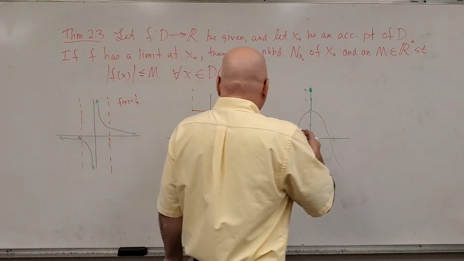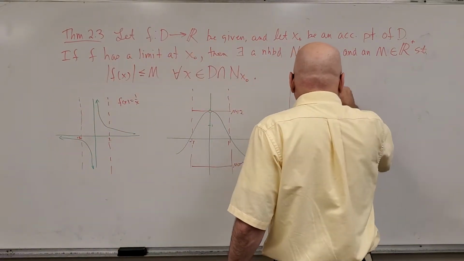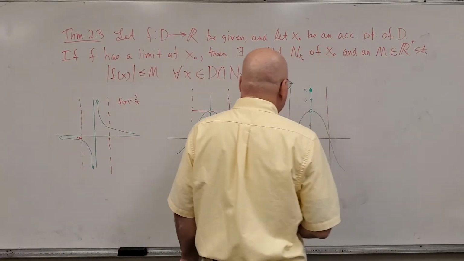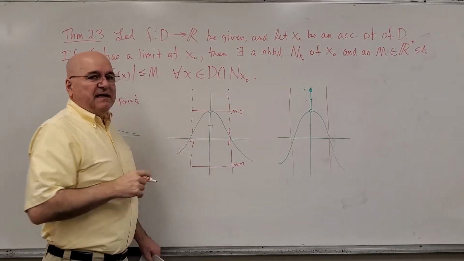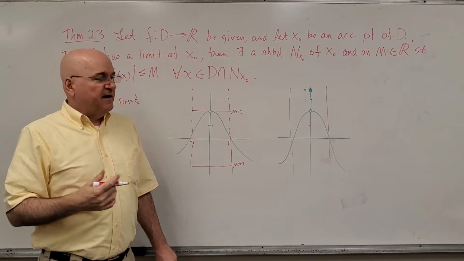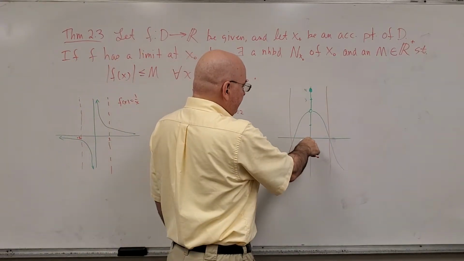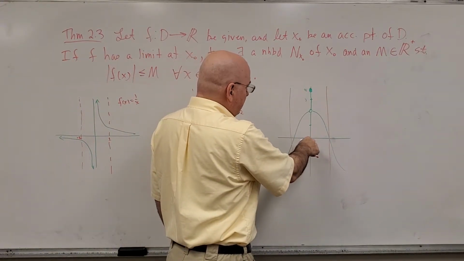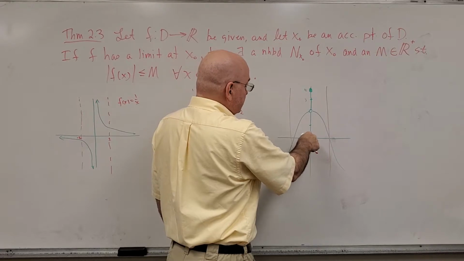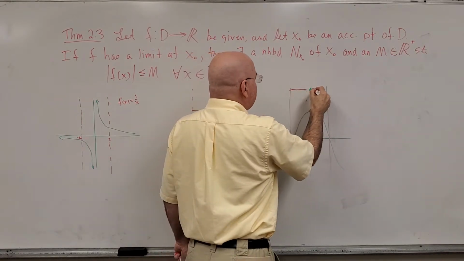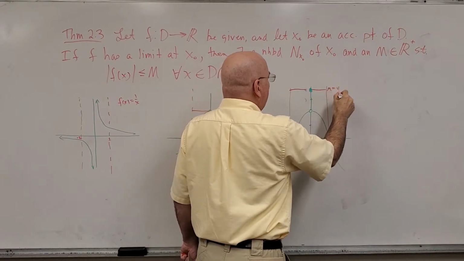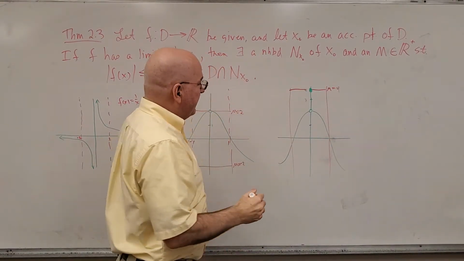On the third one, it looks very similar to the previous problem, only this time M equal to 2 will not work, because the function is defined at 0, but f of 0 is equal to 4. So in this case, I would have to bump it up to M equals 4, or any number bigger than that.